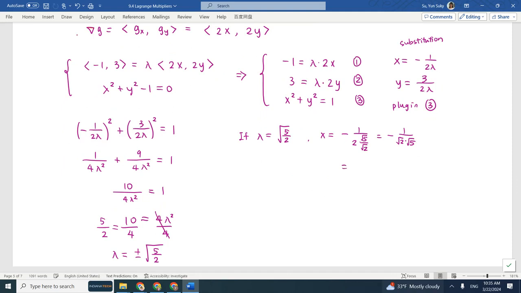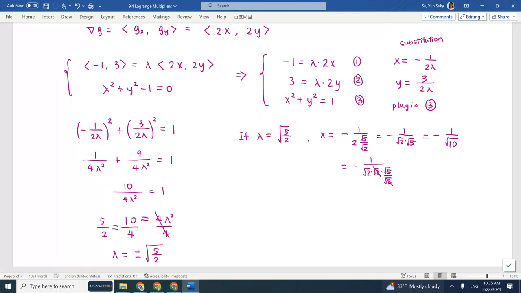So negative 1 over 2 is square root of 2 times square root of 2, and you have square root of 5 over square root of 2. You cancel one copy, so you still have one copy. And can we combine them? What is 2 times 5? 10. Okay, so this is x.